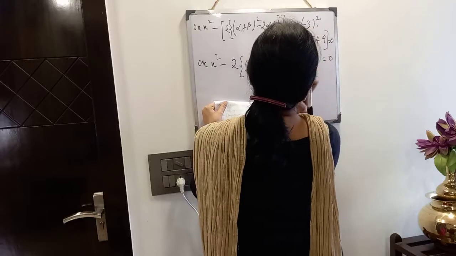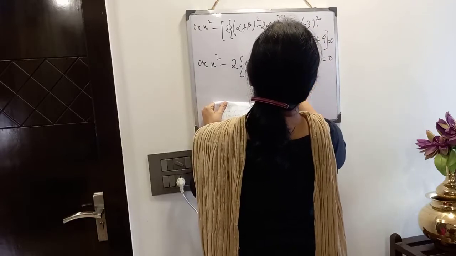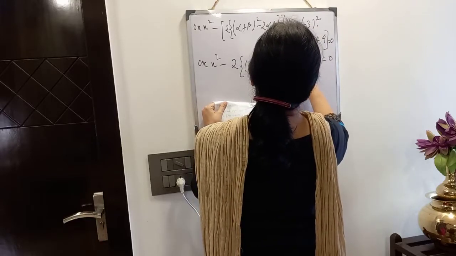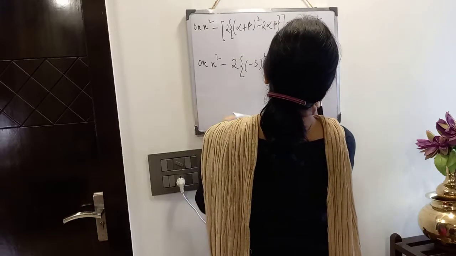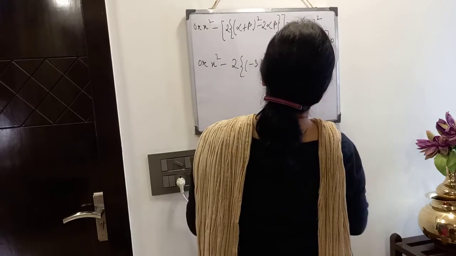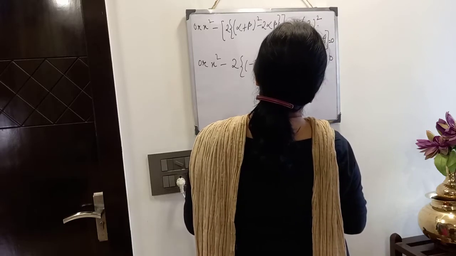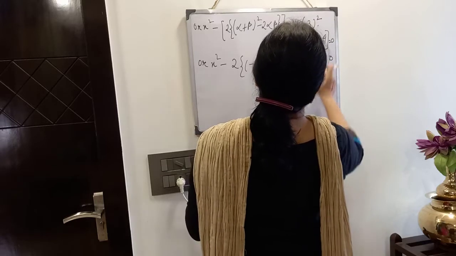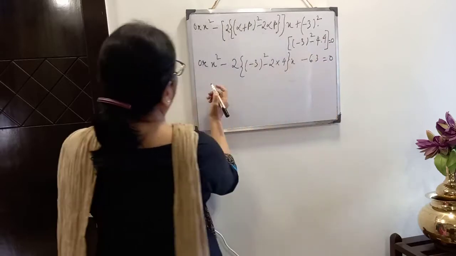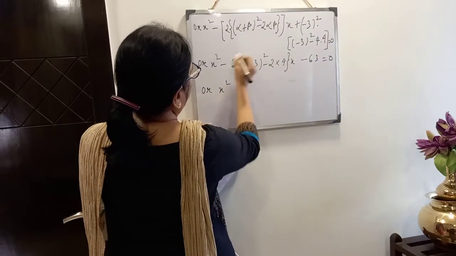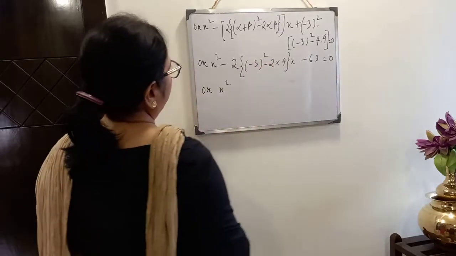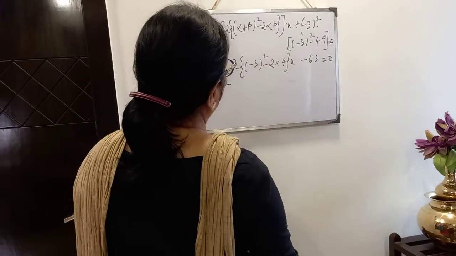3 3s are 9, and here 9 minus 16. So 9 minus 16 is minus 7. So minus 7 into 9, 63. Or 3 3s are 9. 9 minus 8 means 1.